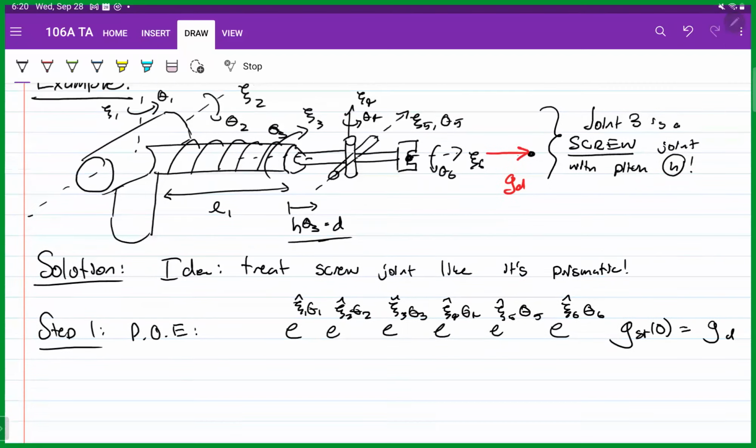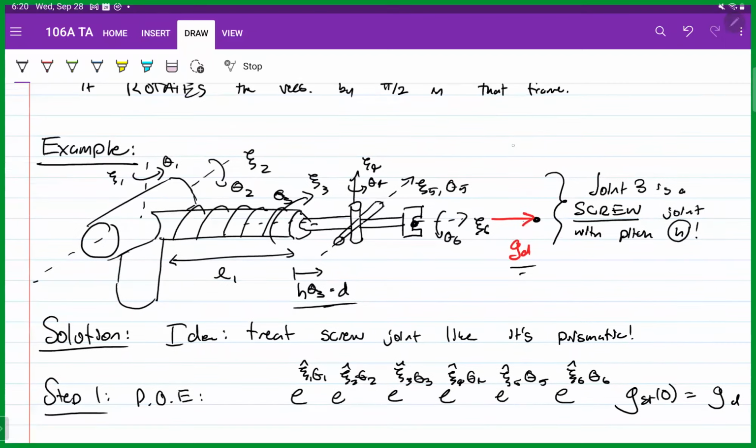This g will maybe take us to a configuration over here, or maybe over here, g desired 2, something like that. So it's just this arbitrary matrix that's within the robot's reach that we're given.